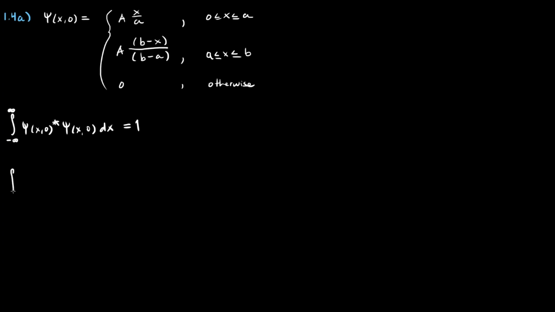So we could substitute the values in. On the interval from 0 to a, the wave function is Ax over a. And then on the interval from a to b, it is A (b minus x) over (b minus a).